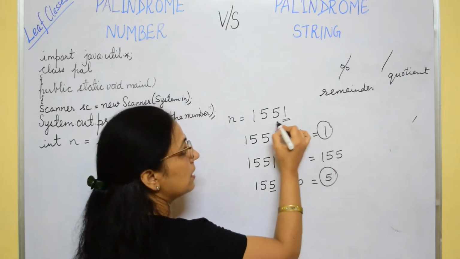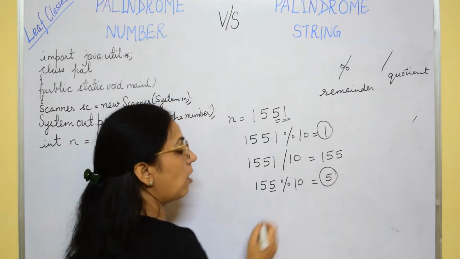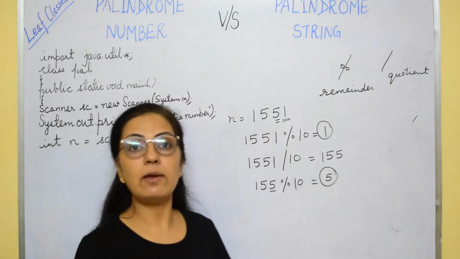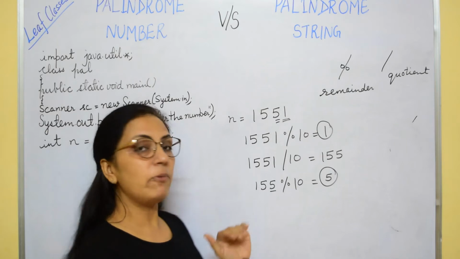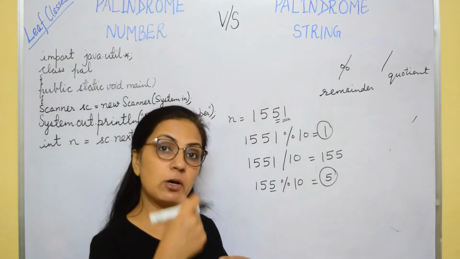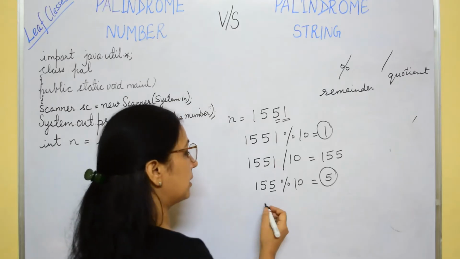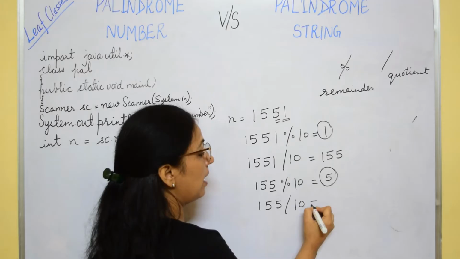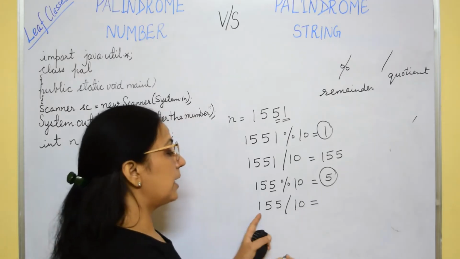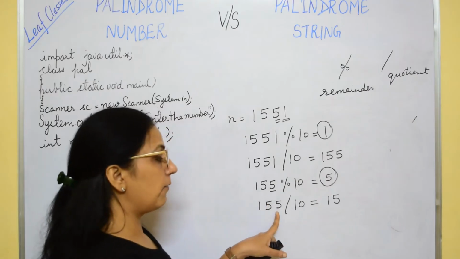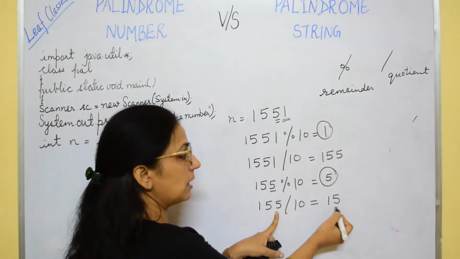So the next digit also we have got. Now, for extracting this next 5, what I want is that the number should become 15. I don't want 155 because its digit we have already extracted. So now we will do 155 /10. It will give me 15. 10 15s are 150 and the remainder is 5. So the quotient I am getting is 15.